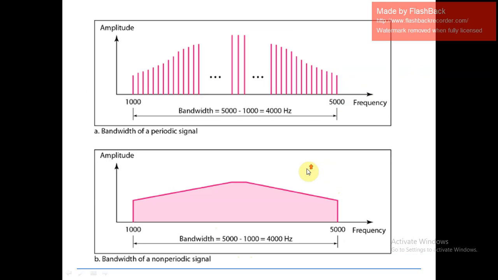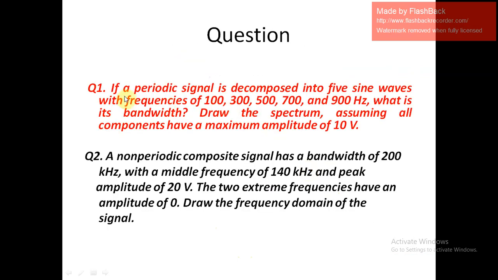So there are two examples, two questions rather. The first question is: if you have a periodic signal which is decomposed into 5 signals with frequencies 100, 300, 500, 700 and 900, what is the bandwidth?